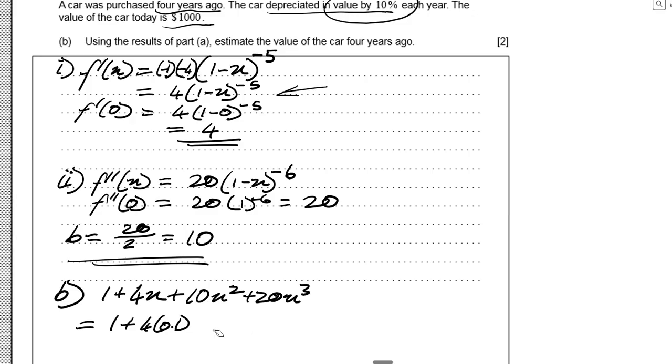And it's probably better to write this as a fraction. So 1 over 10 plus 10 times 1 over 10 squared, so 1 over 100, plus 20 times 1 over 1,000.